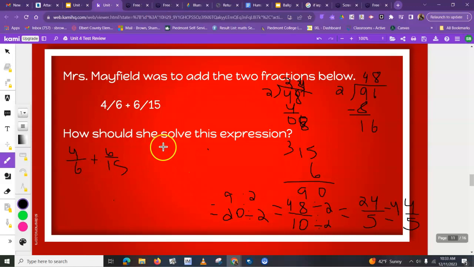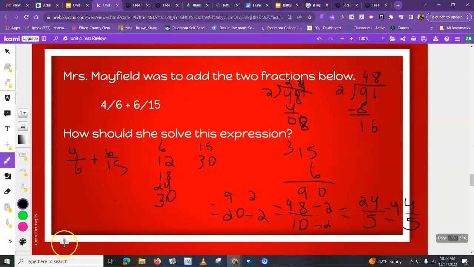Between 15 and 6, if I list my multiples, I could start with 6: 6, 12, 18, 24, 30. And then I'll list on for 15: 15, 30. So guess what? I found my LCD.